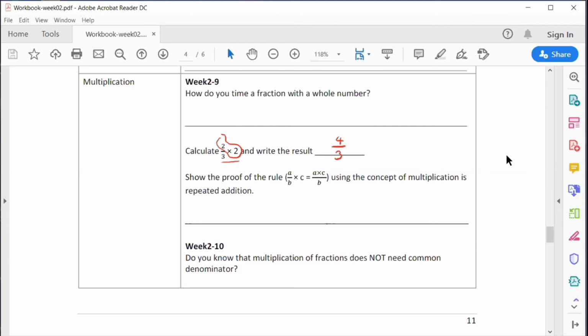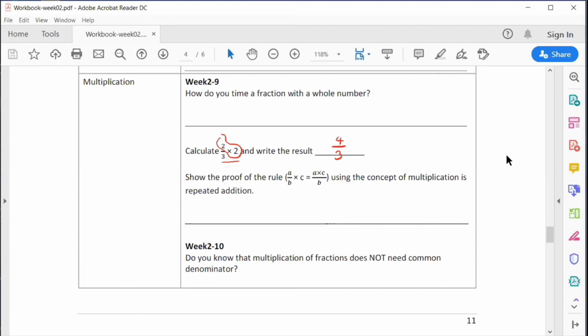Now, the next bit is a challenge. You show why any fraction A out of B times C is the same as time the top, A times C, over B. Now this is a challenge.